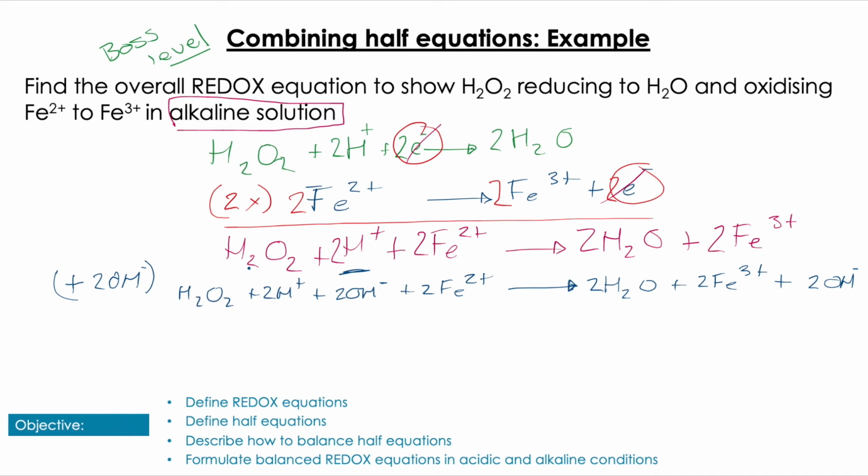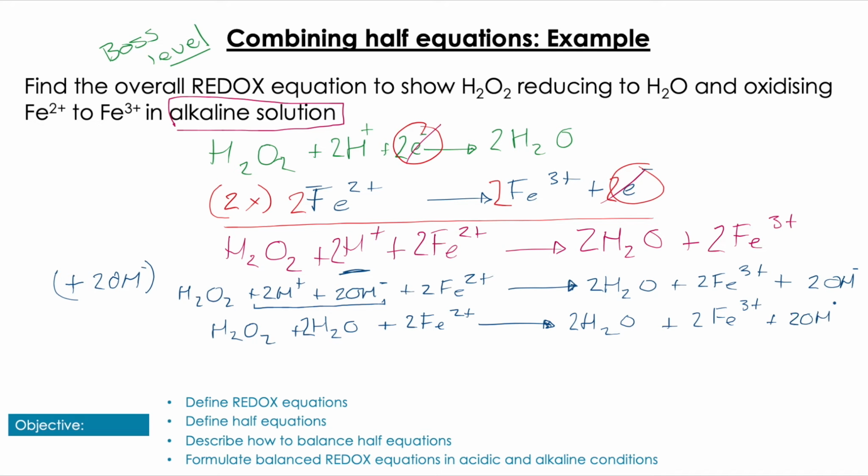So let's just quickly have a look at some things that we might highlight here. Well, we've got H+ and OH- on this side. So they're going to combine to give us 2 moles of water. Then we can write the equation out as it was. And we're almost done, except we might notice that on both the left and right-hand side, we have water. So that doesn't make any sense.